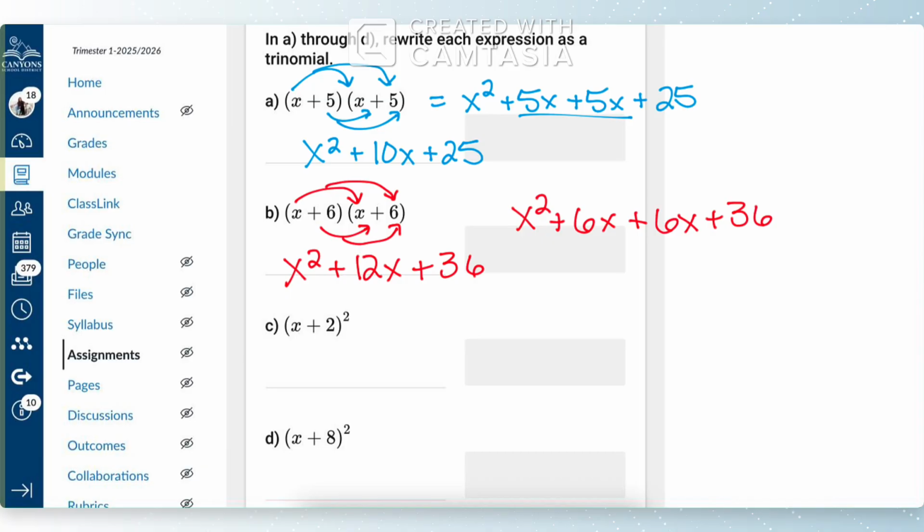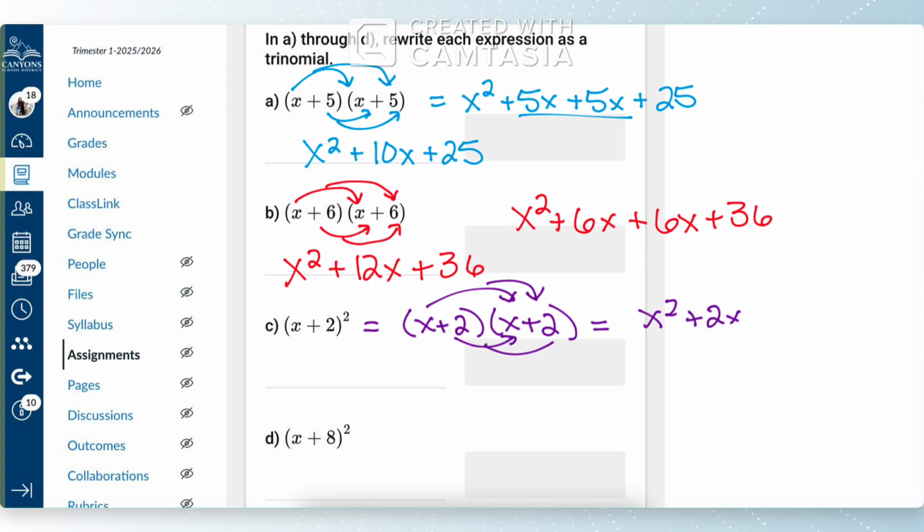My next one, I would just first rewrite it as x plus 2 times x plus 2. If we're noticing our pattern here with our double distribution, we get x squared plus 2x and then another 2x and a 4, leaving us with x squared plus 4x plus 4.